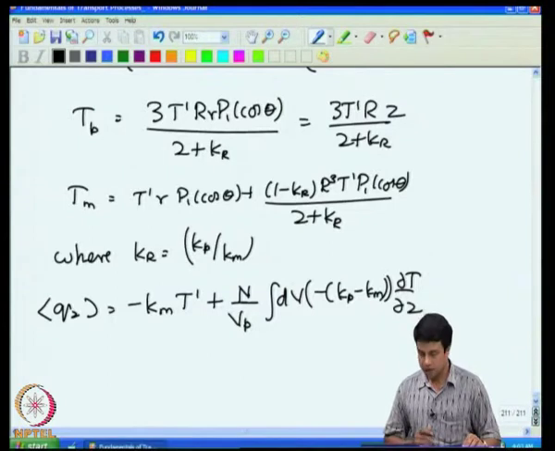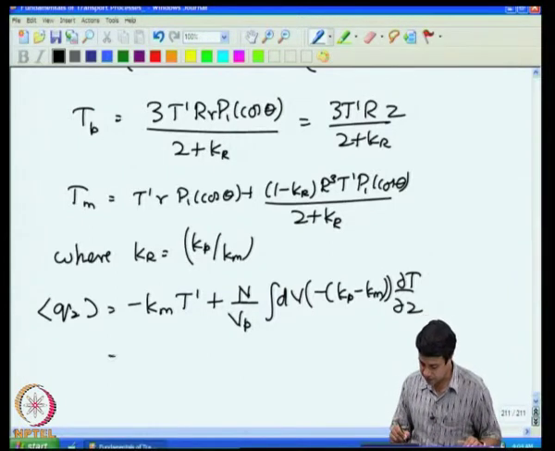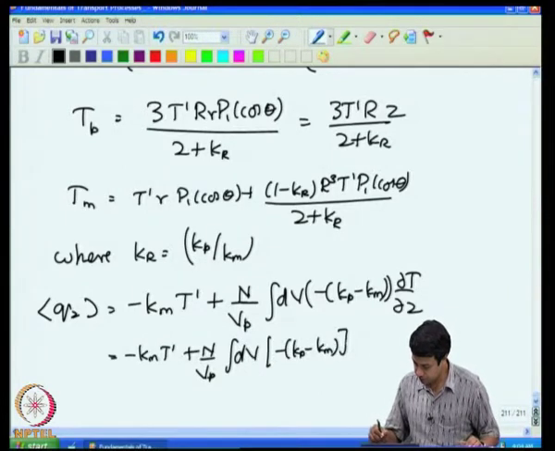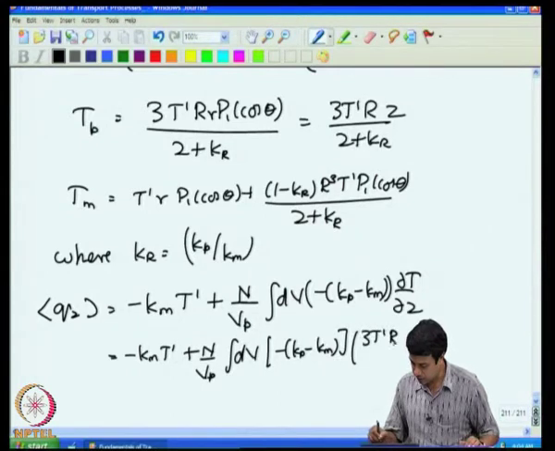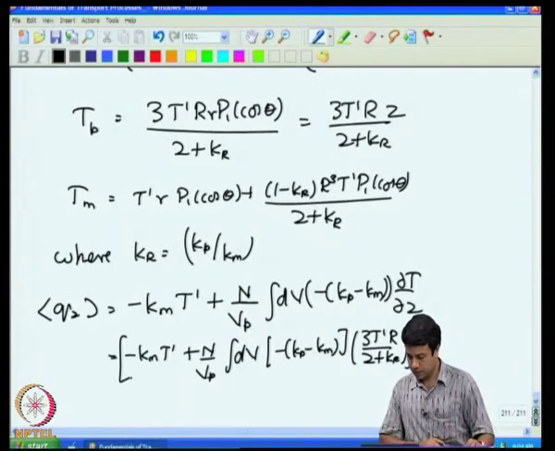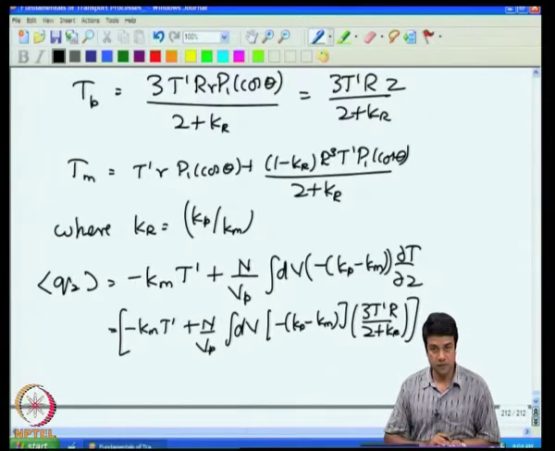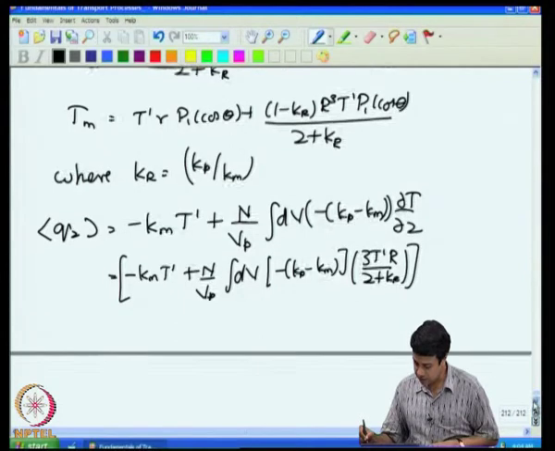If I take the derivative of this with respect to Z, this becomes minus Km T prime plus N by V integral over the volume of minus of Kp minus Km into 3 T prime by 2 plus Kr. This derivative is independent of the particle position. This derivative is just a constant, so I can just take it out of the integral.